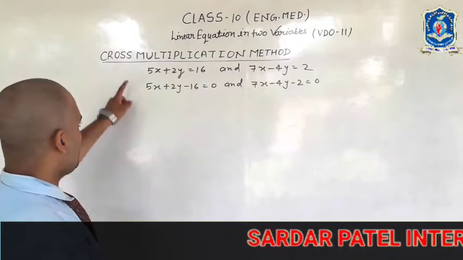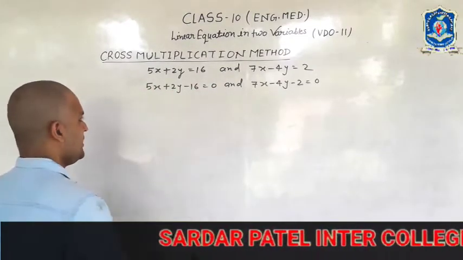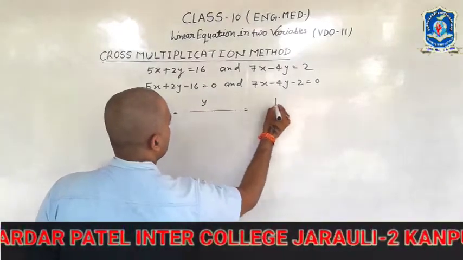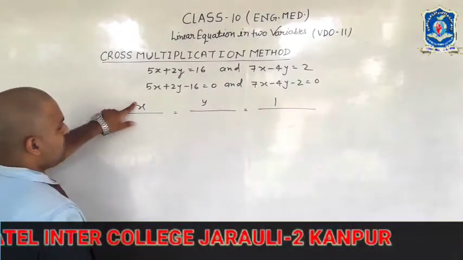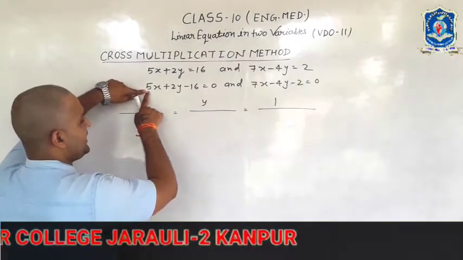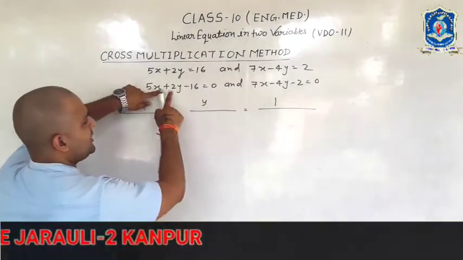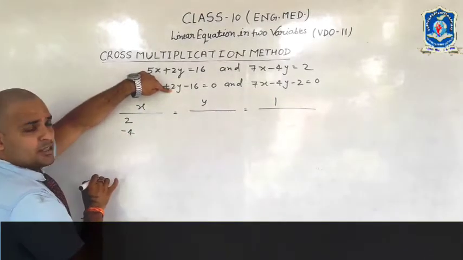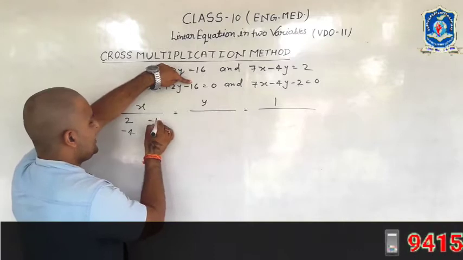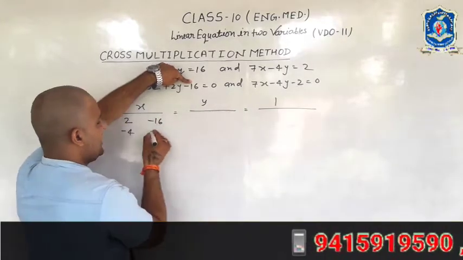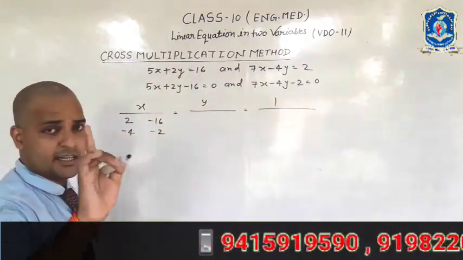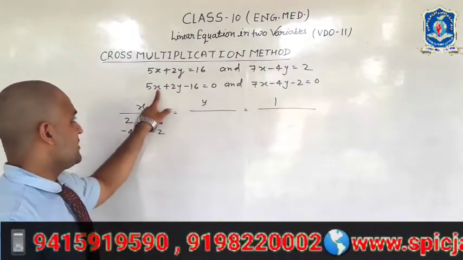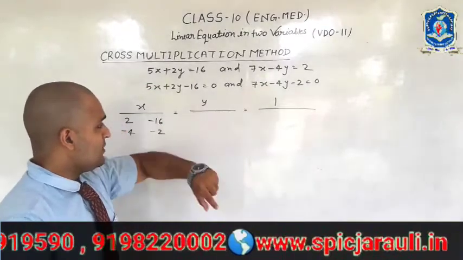Now I am using the cross multiplication method. So x upon, y upon, 1 upon. For x, we do not take 5 and 7, because 5 and 7 are the coefficients of x.